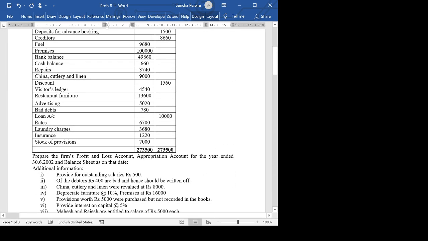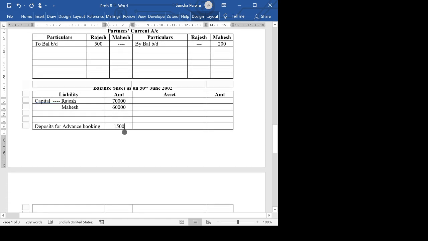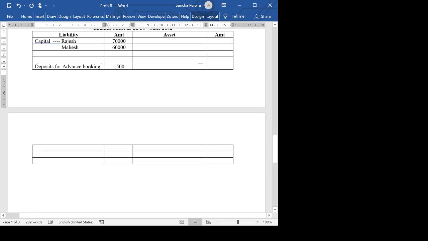Then we have creditors 8,660. To this we have an adjustment, so I will write it in the inner column. There are those unrecorded provisions, 8,660.